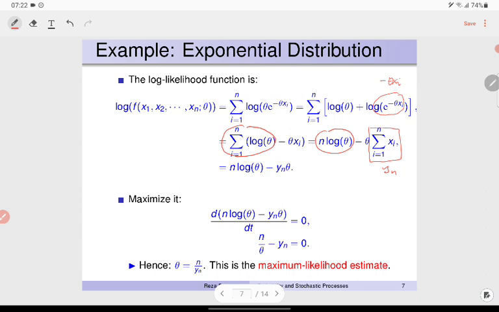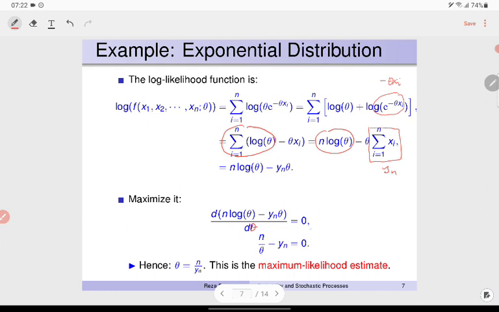How do we maximize it? We maximize it by taking the first derivative, d of n logarithm of theta minus yn theta, d theta, which is equal to 0. And the result is n divided by theta minus yn is equal to 0.